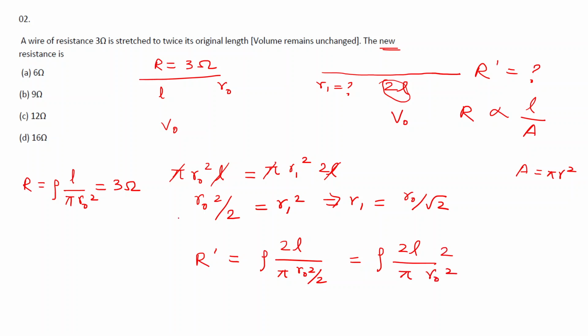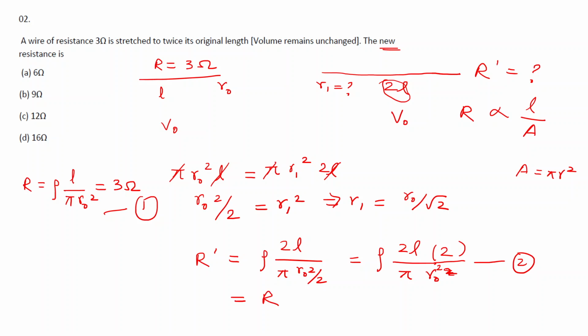If you compare this 1 and 2, don't confuse here. This is 2 and this is actually square. If we compare these two, we'll see this rho L over pi r naught square is the resistance of the old wire.